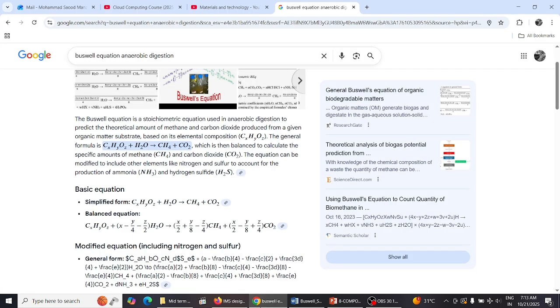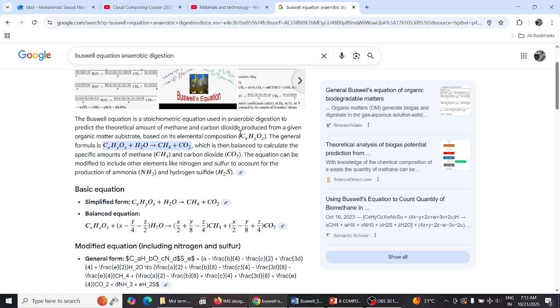The Buswell equation is a stoichiometric equation used in anaerobic digestion or stabilization of waste. It tells you the theoretical amount of methane and carbon dioxide produced from a given organic matter.